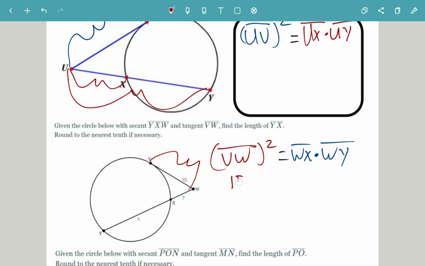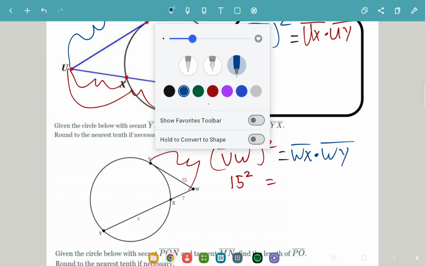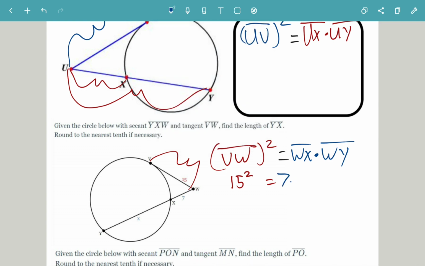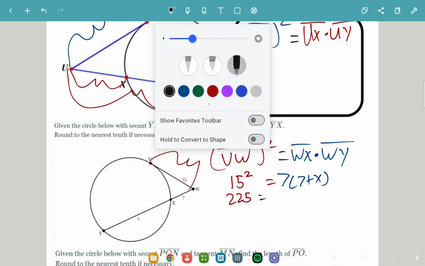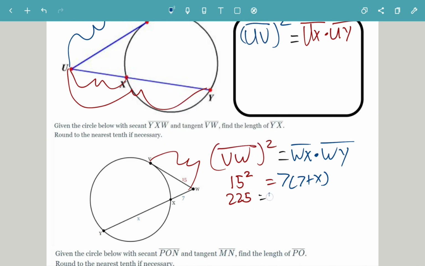So we get 15 squared equals 7 times 7 plus x. 15 squared is 225 equals 7 times 7, which is 49, plus 7x.